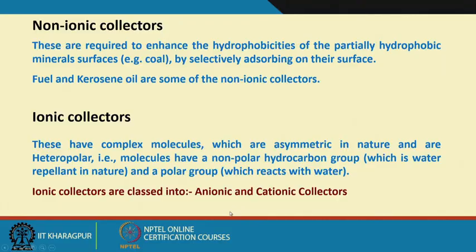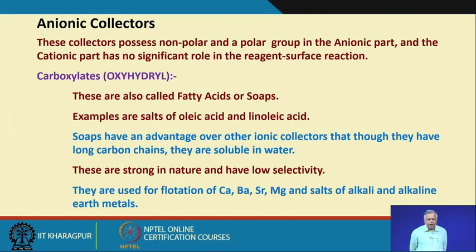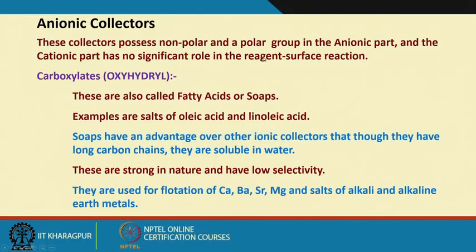Ionic collectors, as I said, can be of two types, that is anionic and cationic collectors. If I look at anionic collectors, these collectors possess a non-polar and a polar group in the anionic part. The cationic part has no significant role in the reagent surface reaction.